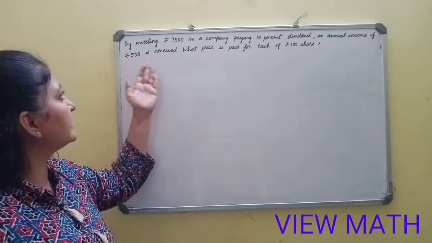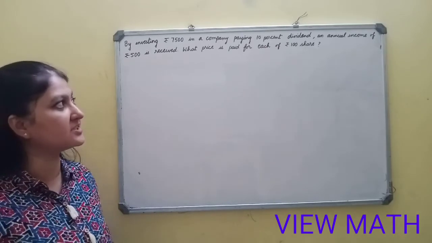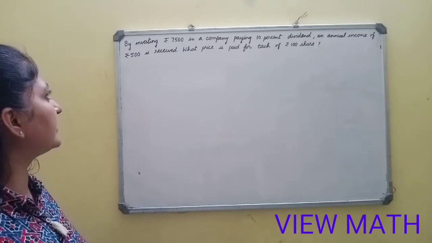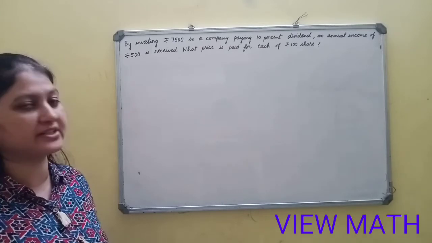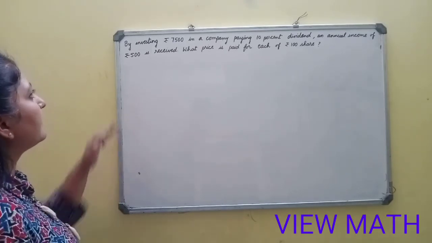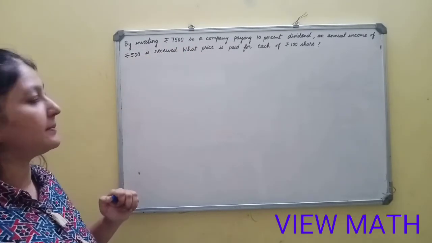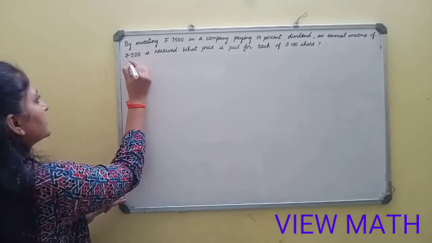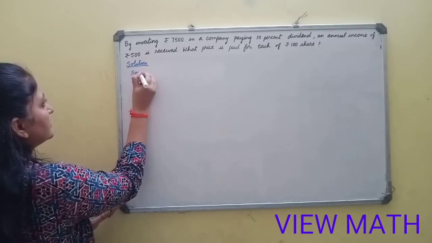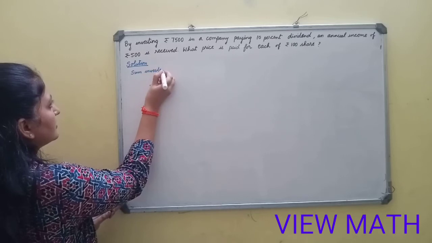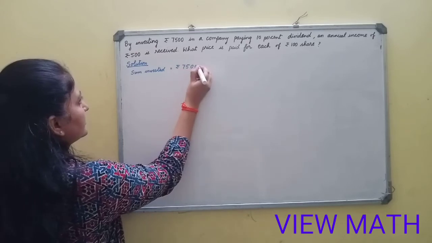Next problem. By investing rupees 7,500 in a company paying 10% dividend, an annual income of rupees 500 is received. What price is paid for each of rupees 100 share? So what is given? By investing rupees 7,500, that means sum invested is rupees 7,500.